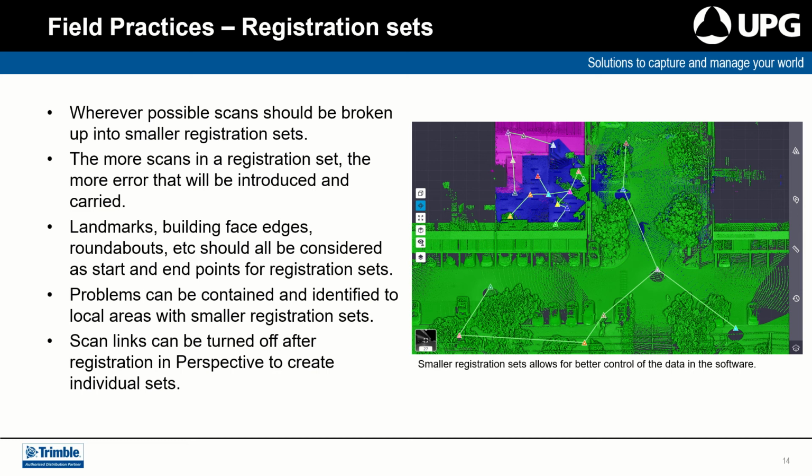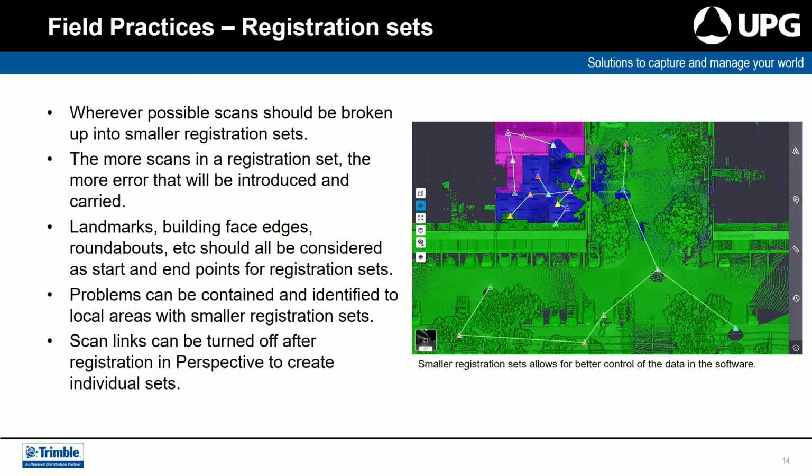Landmarks, buildings, faces, edges, roundabouts should be considered as start and end points of registration sets. So in this case, you would start a new registration set moving forward from a particular area. In Perspective, you can create a link to a new registration set.